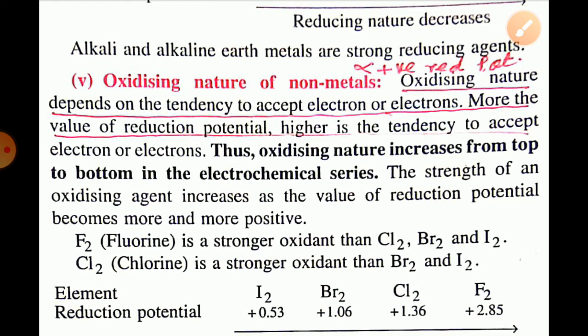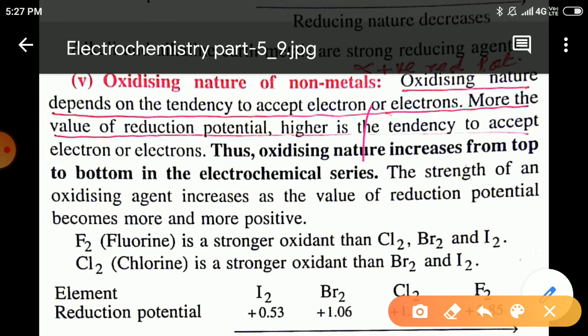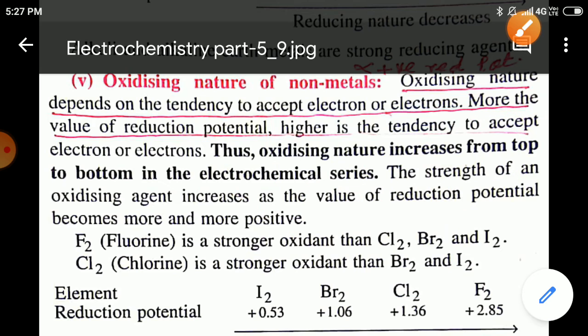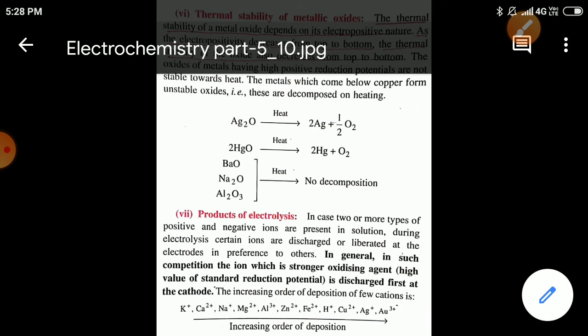So in short, we can say that a reduction potential with a greater positive value has more tendency toward oxidizing character, and this oxidizing strength of the chemical species increases from top to bottom, whereas reducing nature decreases from top to bottom in the electrochemical series.